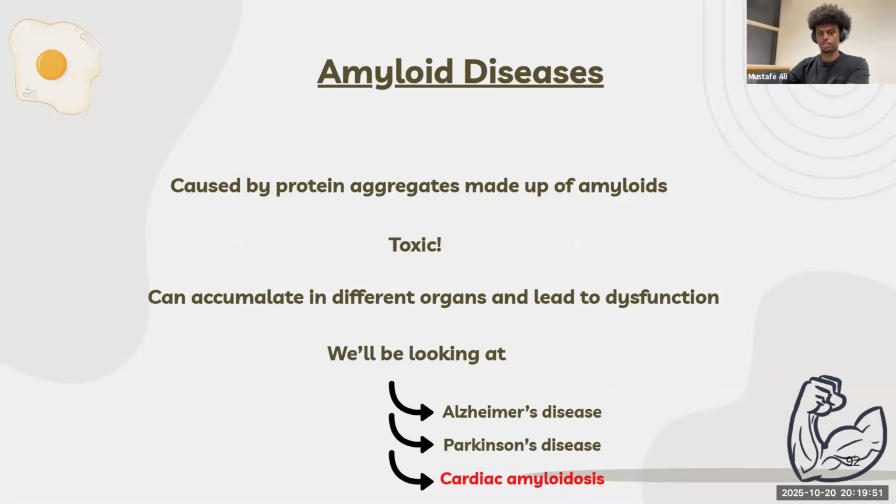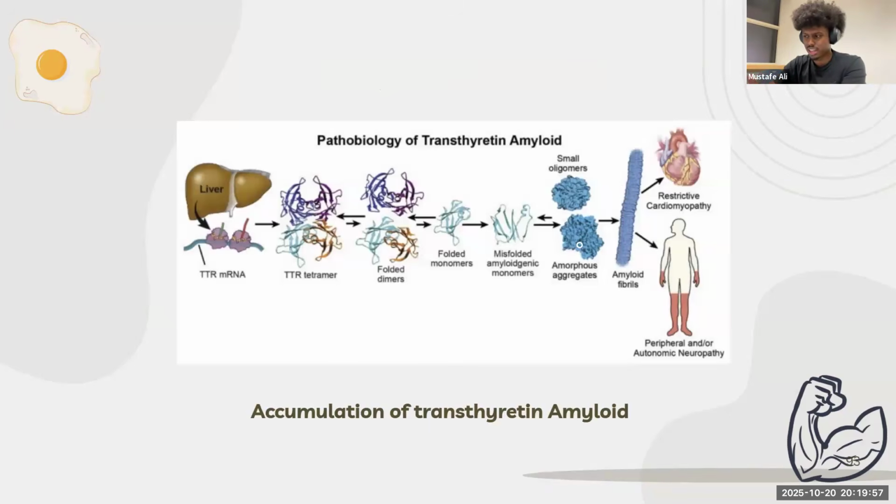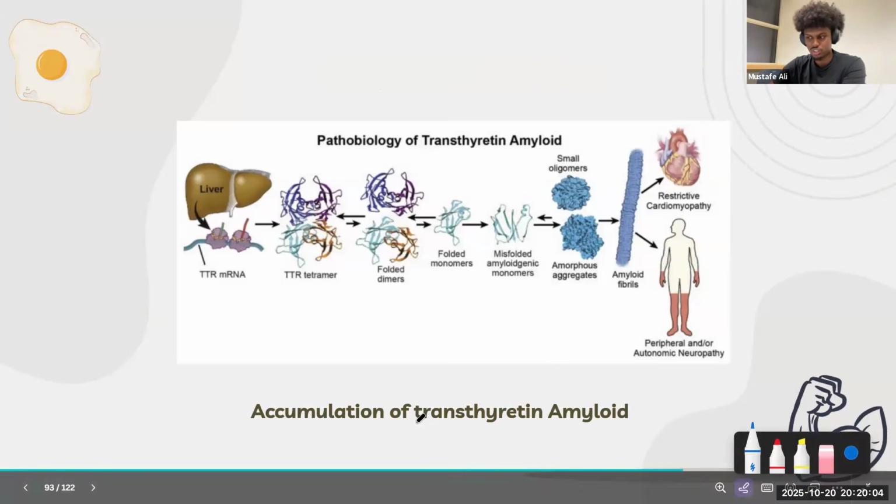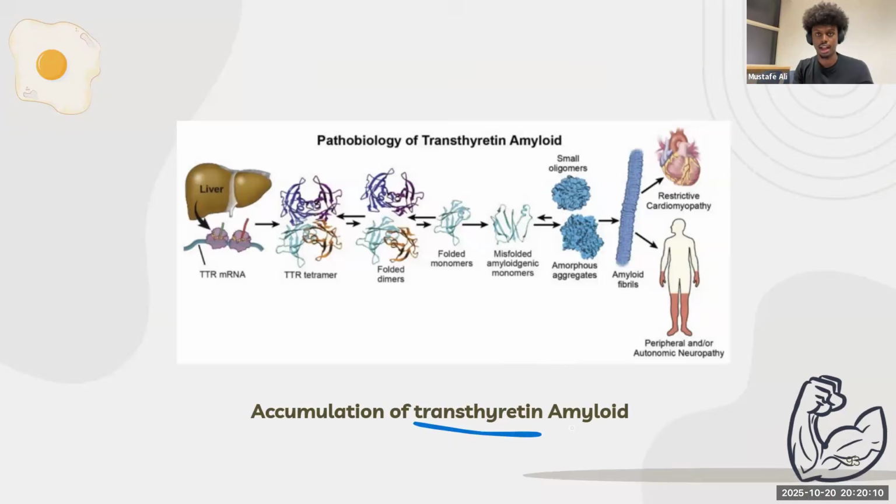Okay. So let's move on to cardiac amyloidosis. Now, this condition, do I need you to remember this whole slide? Wallahi, I don't. Okay? All I need you to know is that there is an accumulation of a protein called transthyretin. And because of this accumulation, it sticks onto one another, forming these aggregates.